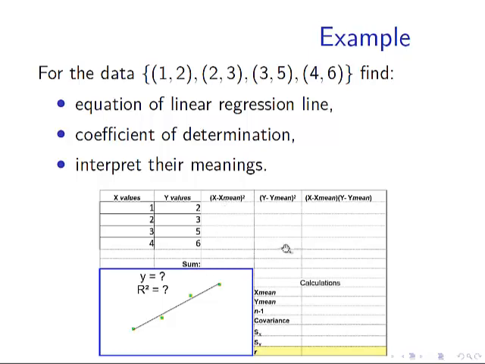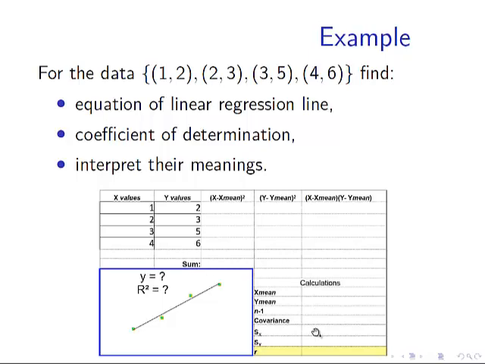After filling this part, we can easily calculate x mean, which is the sum of these values divided by the number of values. Y mean, same thing. Here n minus 1, because we have 4 couples, n minus 1 equals 3. To find the covariance, we will divide this sum by n minus 1 because it's the formula for covariance.